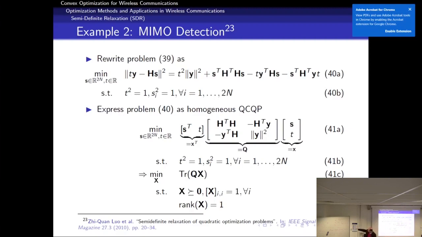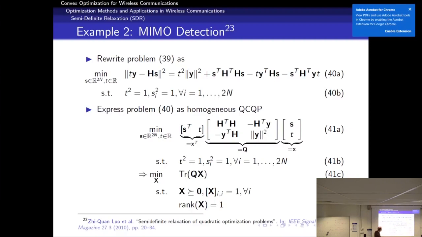And this is very nice because this is reminiscent of those steps. So I can do those steps and say, this is my objective, these are my optimization variables, but I will write this as a trace of this. This I will bring to the other side, and I will create a new matrix X such that this X ideally should be equal to x multiplied by x^T.